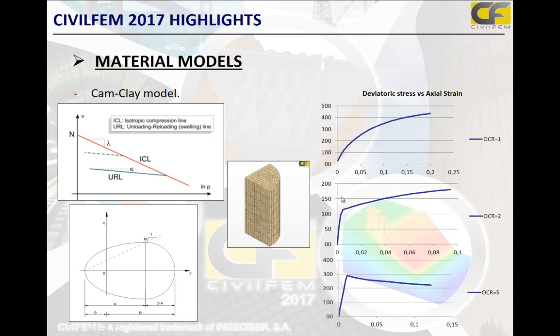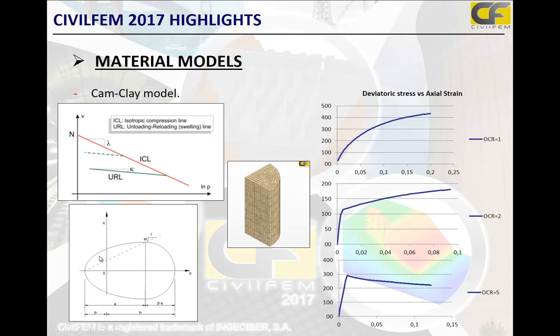If we solve a model like this with solid models where we apply a triaxial stress on top until this model is broken, if we add an overconsolidation ratio equal to 1, we will have this curve. Adding overconsolidation of 2, first we have elastic behavior until we reach this point.